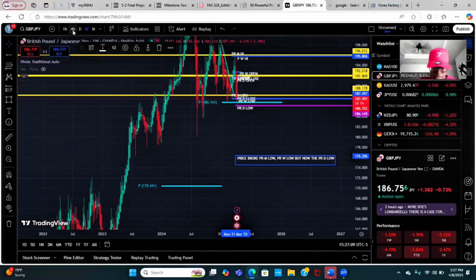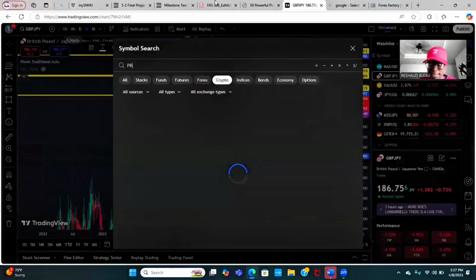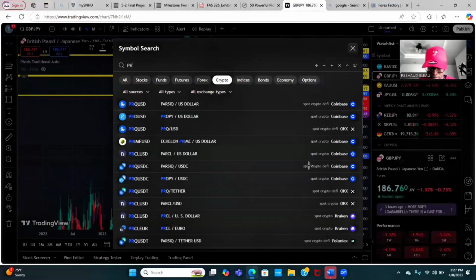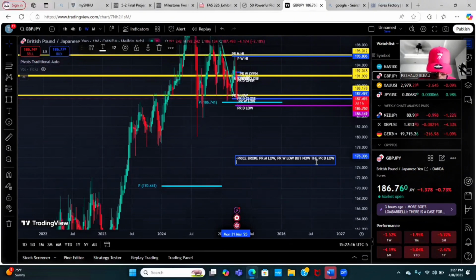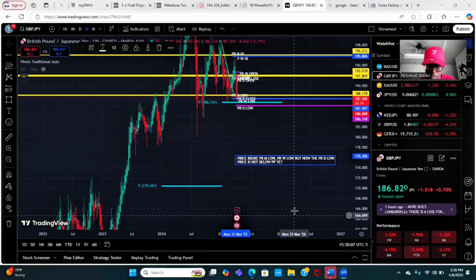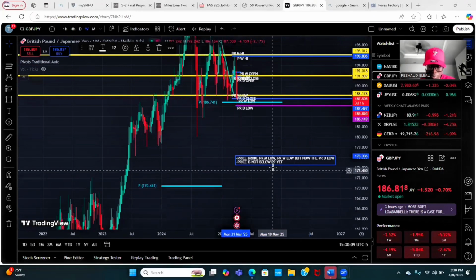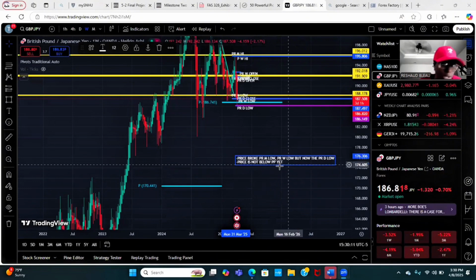We're not below, the price is not. God dang. One second. All right. So price is not below the pivot point yet on the week time frame.